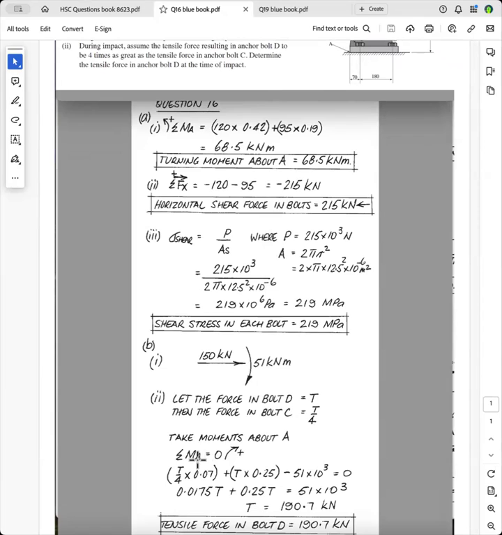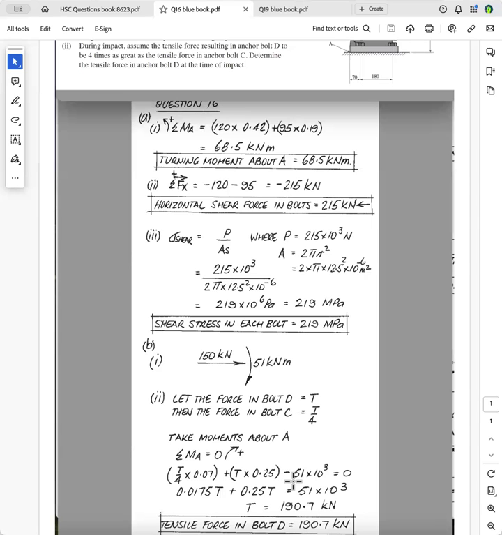So because we've said that the sum of the moments equals 0, we've got this force in the inside bolt, that moment in the outside bolt, and the moment on the guardrail is going anti-clockwise.